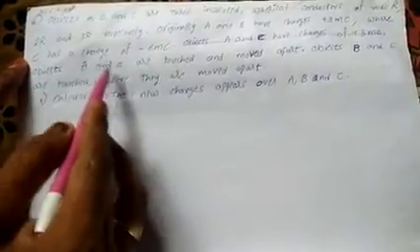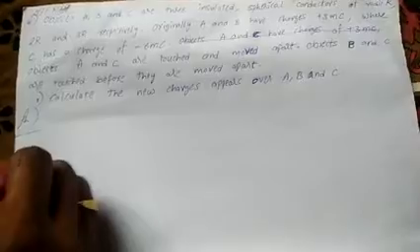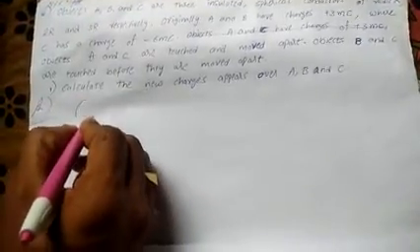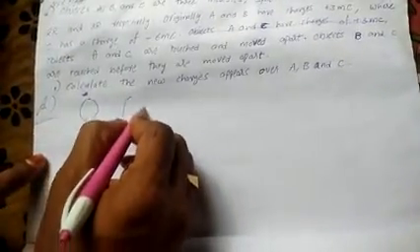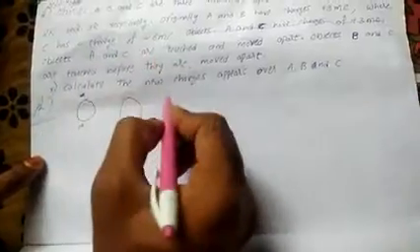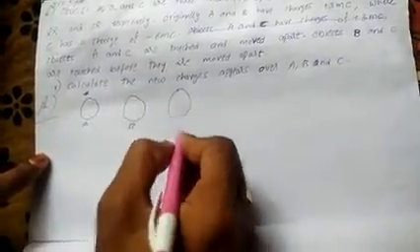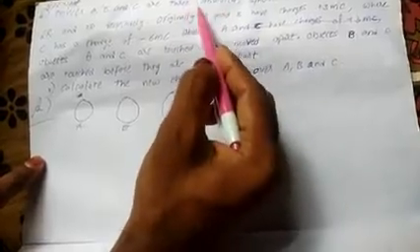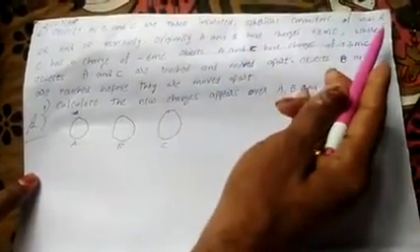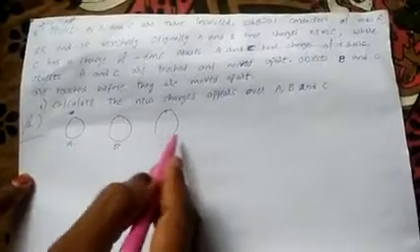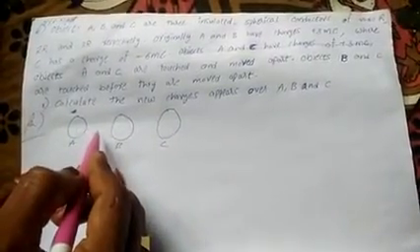Now objects A and C are touched. First we have to draw the diagrams. Solution: this is one spherical body, A. Again we have another spherical body, which is B, and another spherical body, which is C. These three are insulated spherical conductors, which means no charge will flow from A to B or like this.